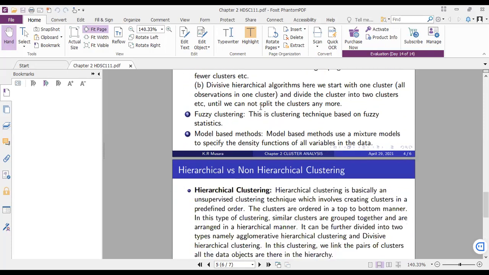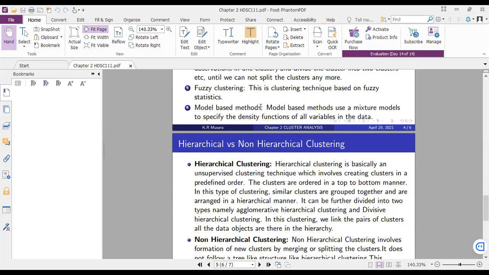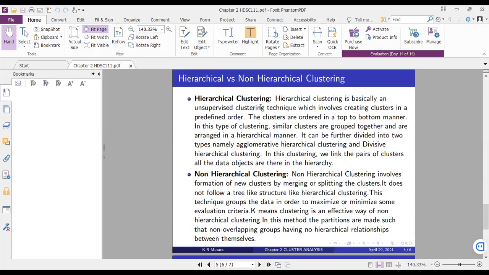So you also need to know the difference between hierarchical and non-hierarchical. I think this will make sense when you're looking at the practical part of it, and then you'll be able to tell the difference. But I'm sure from these points you can pick out the difference. So we're saying hierarchical clustering is basically an unsupervised clustering technique, which involves creating clusters in a predefined order, and the clusters are ordered in a top to bottom manner.